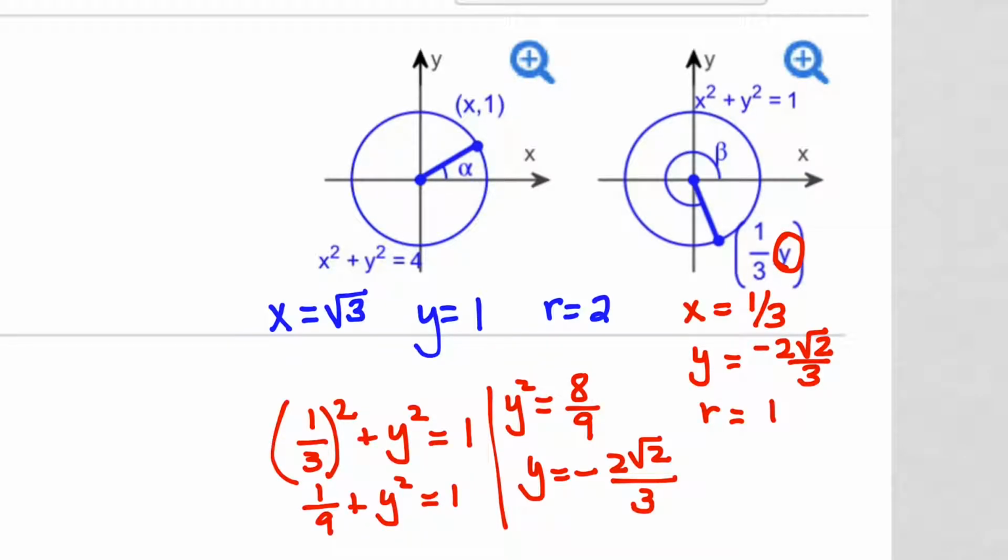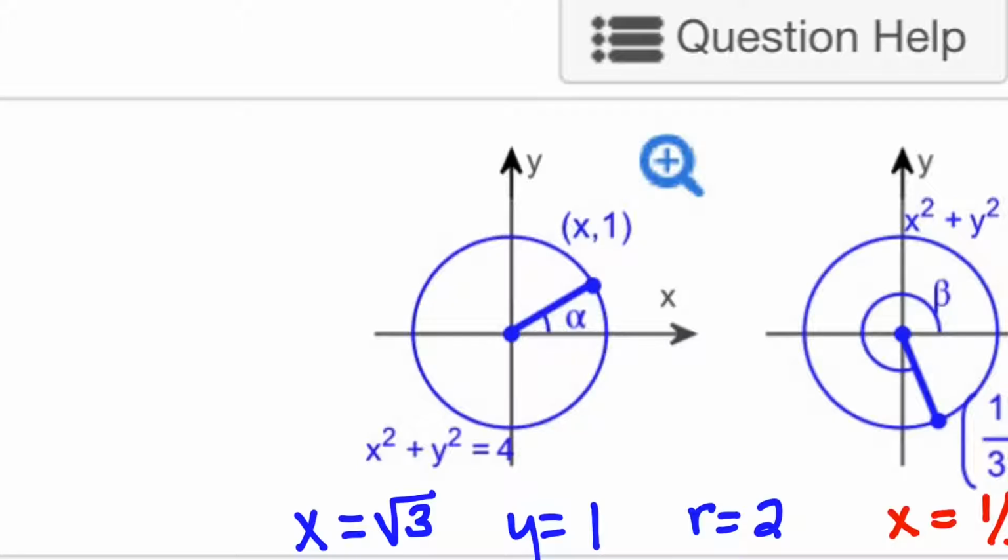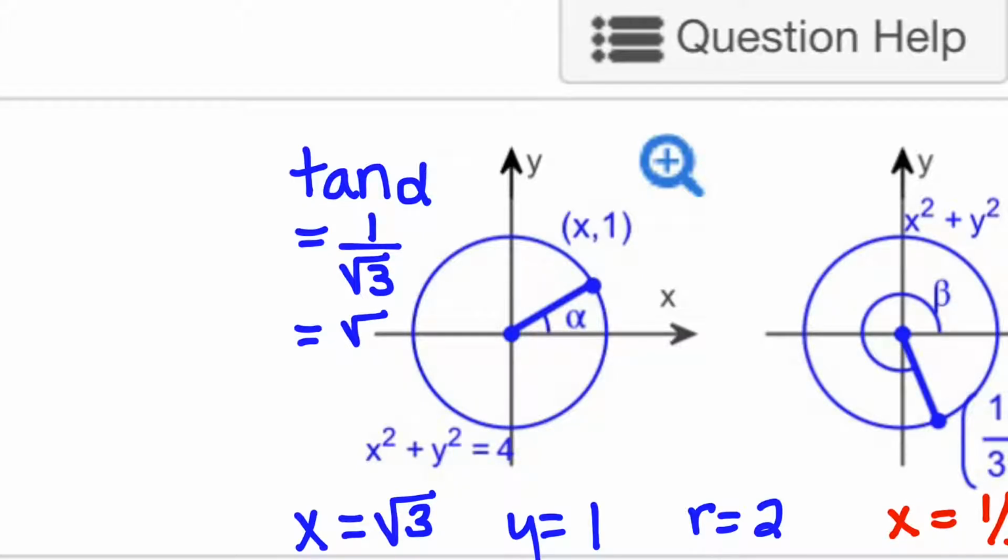All right. So before I move on, from this information, what do I know? I know that the tangent of alpha equals y over x, and that's 1 over the square root of 3, and I can make this into the square root of 3 over 3.